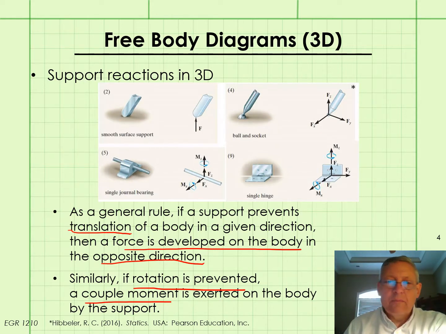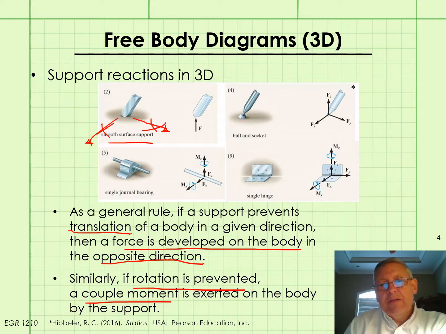Let's look at one of the simpler support reactions, a smooth surface support, where you can see that a smooth surface, with no friction, is not going to restrict translation in the plane of the surface. It's not providing any restriction to the body rotating about any of the 3 reference axes.